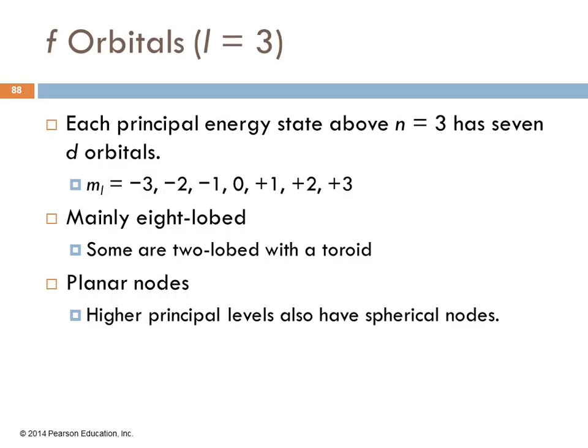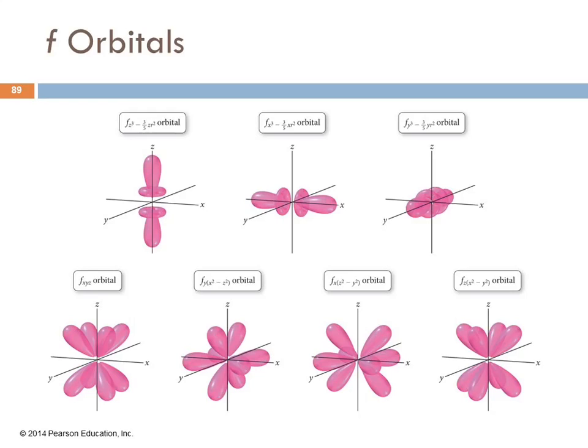Then there are the f orbitals. L equals 3, so now we have 7 f orbitals. Most of these are 8-lobed. Some are 2-lobed with a toroid, like that one wacky d orbital. And these also have planar nodes, and again, the higher levels have spherical nodes inside of them. Yeah, right?